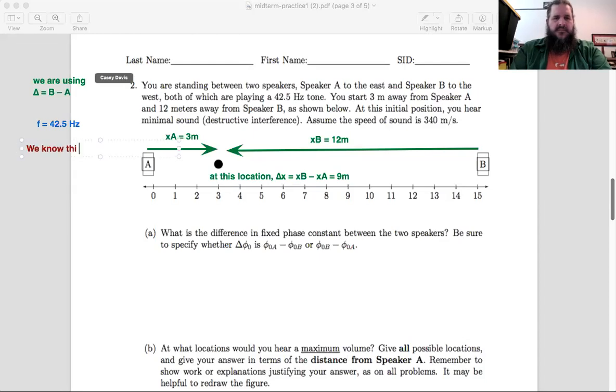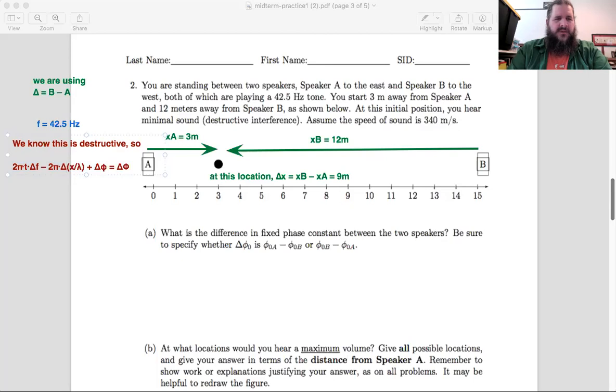If it's destructive, then we know the full delta phi, the big delta phi, equals 2n plus 1 times pi. So let's start with that. We can write out the total phase difference using the usual equation.